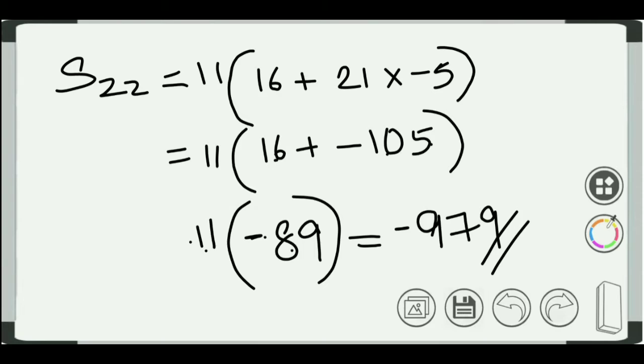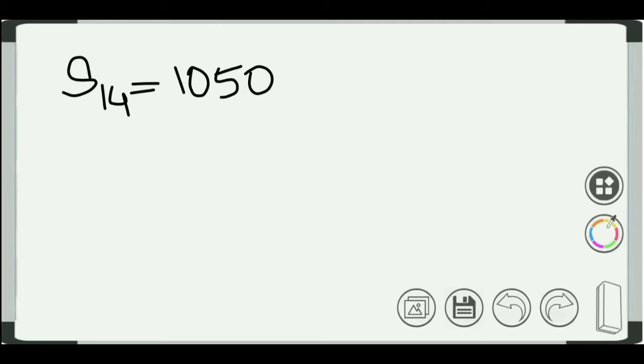So in some cases, they may give the sum value in the question and we need to find the nth term. Reverse of this. So we'll see an example of that. See, sum of first 14 terms of an AP is 1050. That means they have given in the question sum of 14 terms, that is S14 is equal to 1050. And its first term is 10. That means they have given first term a is equal to 10.